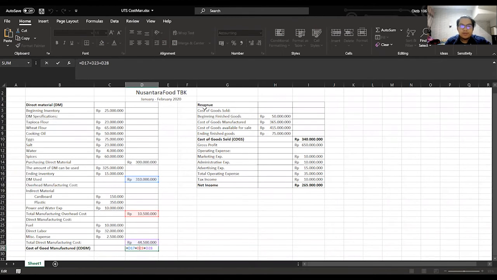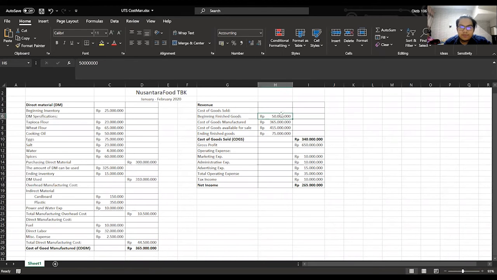So let's move to the right section, the income statement section. In this section, we have finished goods. Not like before, where we didn't have any work in process goods, here we have finished goods, about 50 million, and then we add the cost of goods manufactured from this number. Let's put it in here.